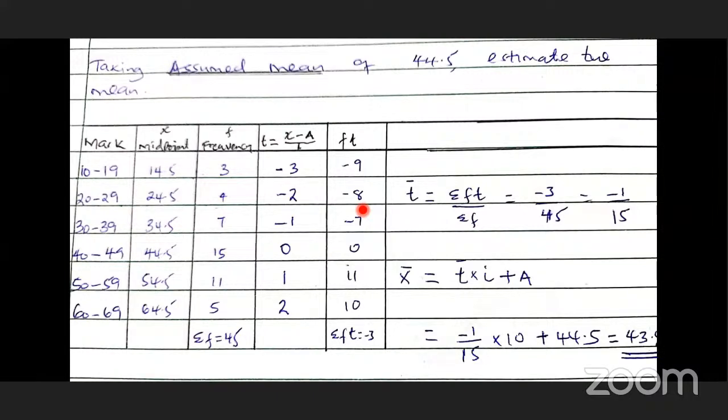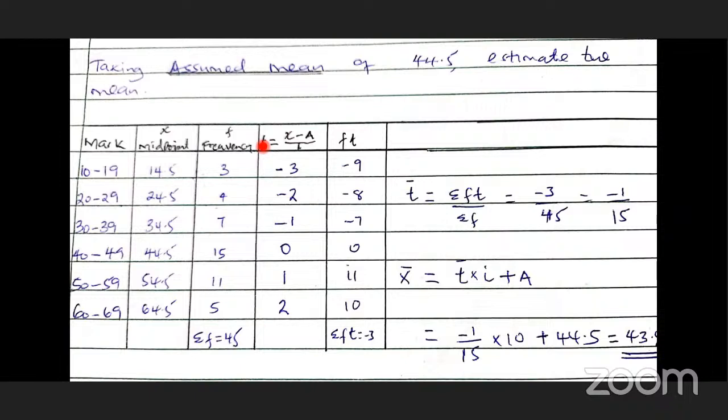So for bar x, we go back to how we got our t. T was obtained by x minus a over i. If you make x the subject of that formula, we multiply by i, then we add a.